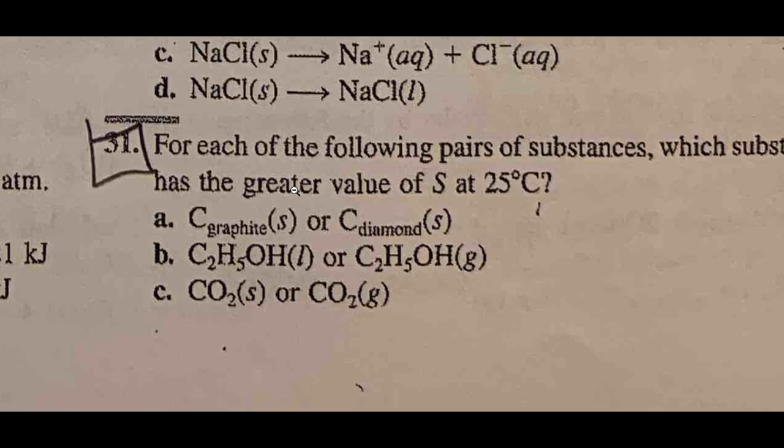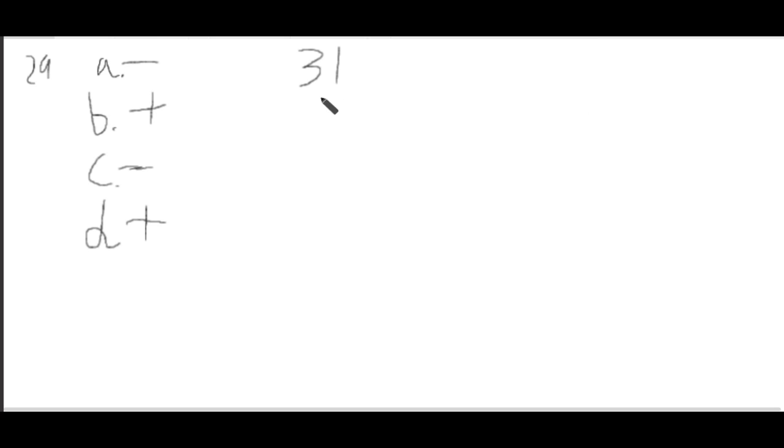So an important thing to remember is when you compare graphite to diamonds, a layered solid still has more possible entropy than a diamond, which has almost all of its particles in an ordered state. Not all of them. If it was, it would be at absolute zero. But diamond will have a much lower entropy. So for 31, graphite has the higher entropy value.